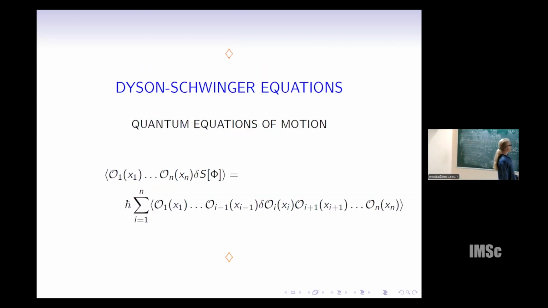The usual Dyson-Schwinger equations are quantum versions of equations of motion: if you insert in the correlation functions one more operator, which is the variation of the action, then this n+1 point function can be reduced to a sum of n point functions, where there will be a Planck constant, so it's a quantum correction, and each of these operators will be changed by the corresponding variation with respect to the set of fields.